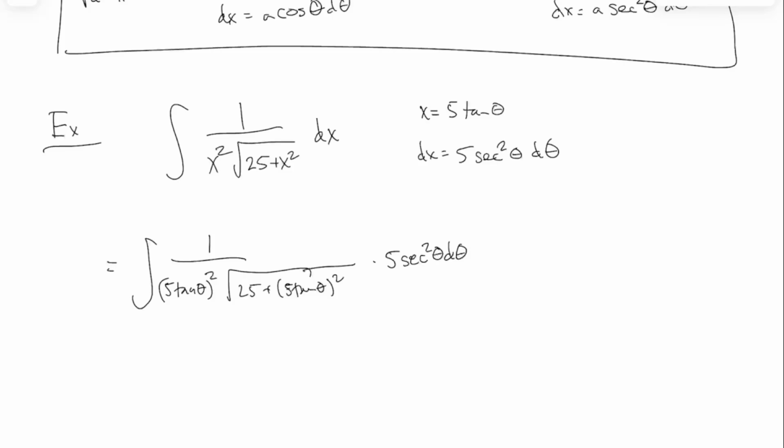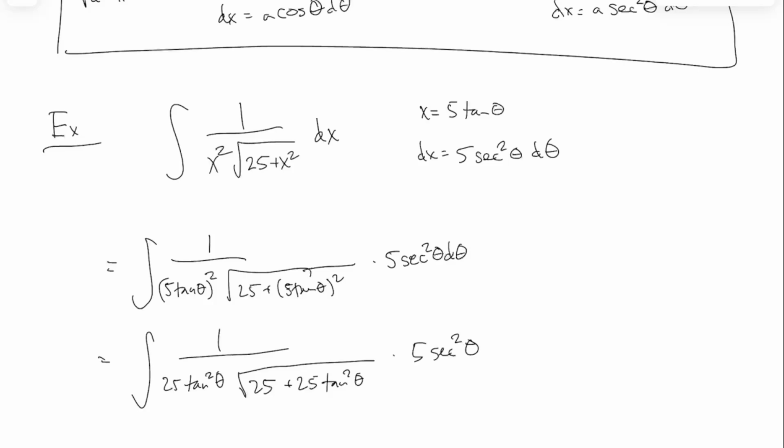Right? What next? What do you think? Square the 5 tan theta where you see them. So this is going to be 25 tan squared theta. And then over here, 25 plus 25 tan squared theta, and then 5 secant squared theta d theta.